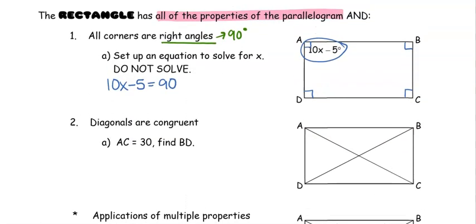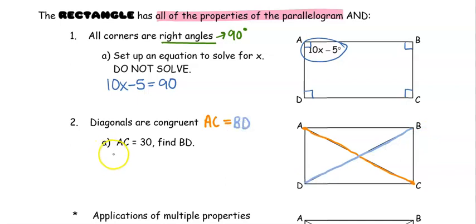The second property of your rectangle is that the diagonals are congruent. In the parallelogram, we had that the diagonals bisected each other, so this one's a little bit different. If I look at my diagram, here's my diagonal AC. This means that diagonal AC is congruent to diagonal BD.